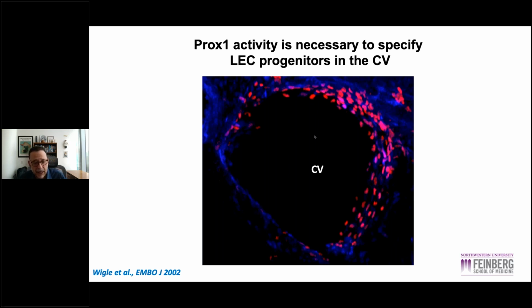This is the first step leading to the formation of the entire vertebrate lymphatic vasculature, the presence of Prox-expressing cells in the venous endothelium, which in the mouse starts around E10. So obviously, as you can imagine, this poses a lot of questions for us of why this is happening, or how does it happen.